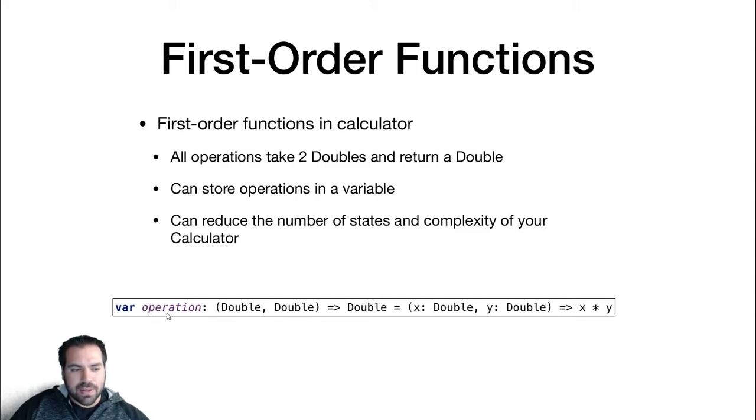You can do that with this.operation, and then call it just like a method, give it parentheses and the 2 input values, the arguments, and it'll return the result of whatever operation is in that variable at that time.